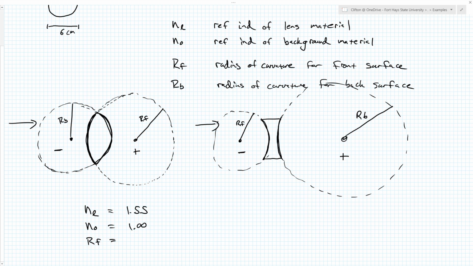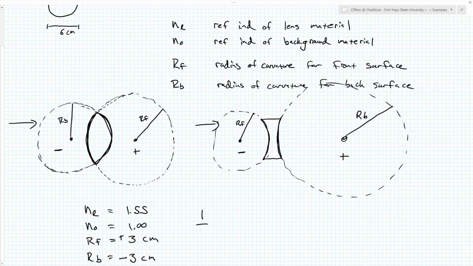The radius of that sphere is going to be 3 centimeters. And the front surface is going to have a positive radius of curvature because the center of that sphere that the front surface sits on is going to be on the side that light rays are going to. And the radius of curvature of the back surface then is going to be 3 centimeters as well, but that'll be negative. So we've got plus and negative.